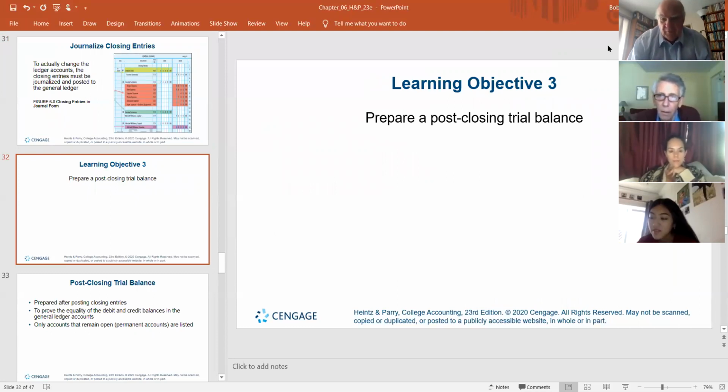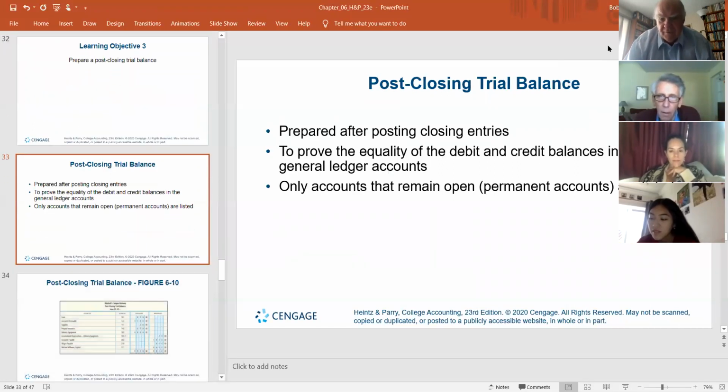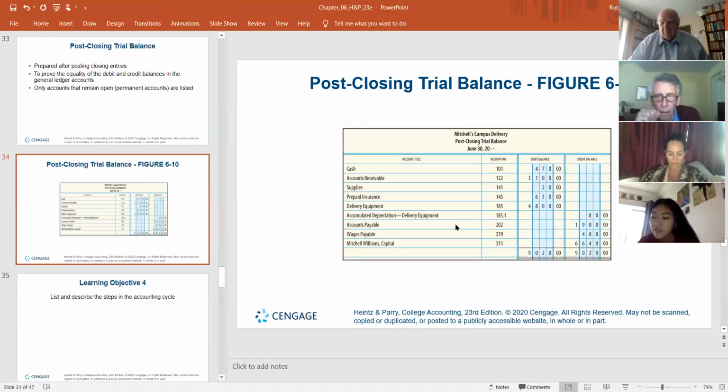We have to prepare what's called a post-closing trial balance. And on the post-closing trial balance, there are no revenues or expenses. It's prepared after you close. Again, all it is is the list of debits and credits that equal. And the only thing left is going to be your permanent accounts.